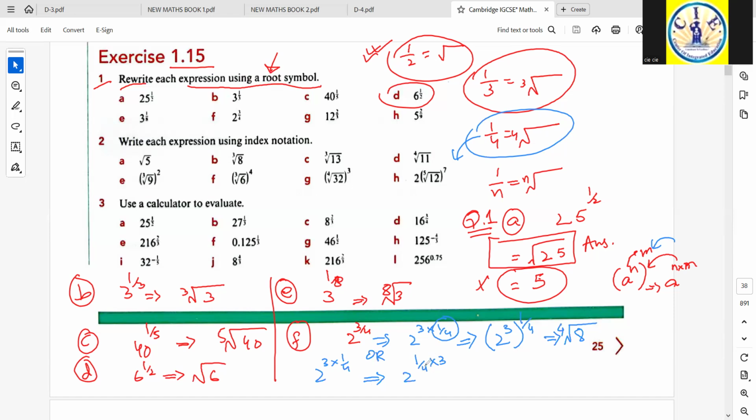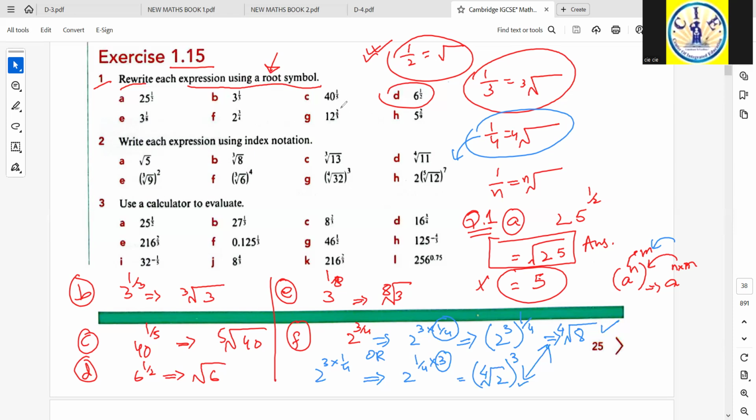So for this 2 raised to power 1 by 4, I can have the fourth root of 2, and then for this 3, I can have its whole cube. So both of the forms are equivalent. We can have the answer in both the forms, no matter this one or this one. That makes no difference.